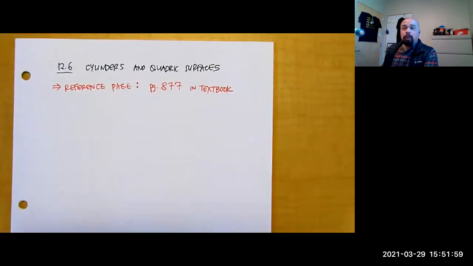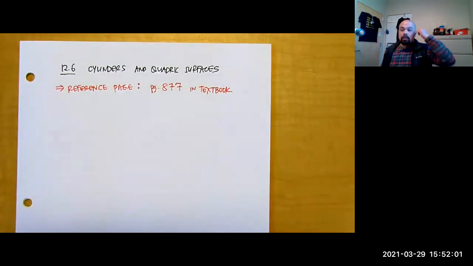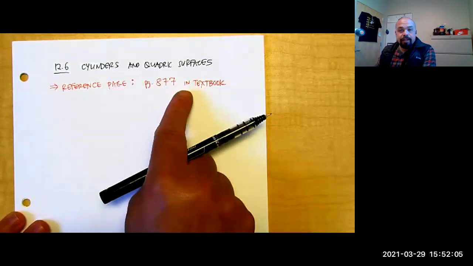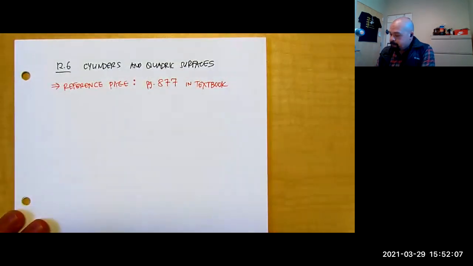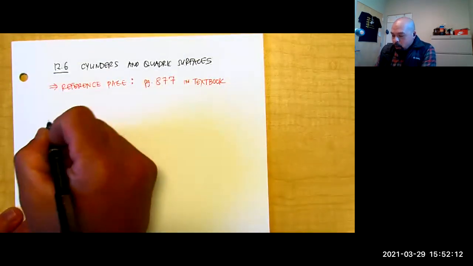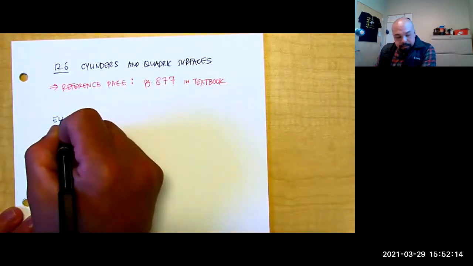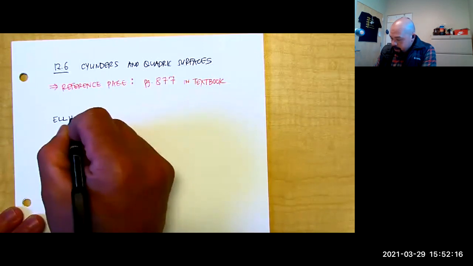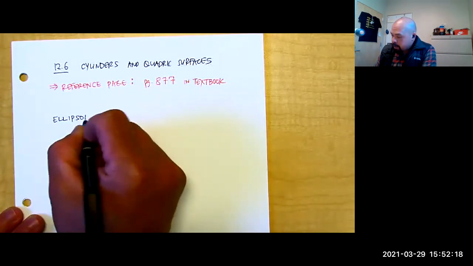So from that page, we can start to identify. And when we start to look at these different types of equations for these surfaces, there are some key references that we need to know. So let's go equation by equation. For our ellipsoid, make sure I get my spelling right.